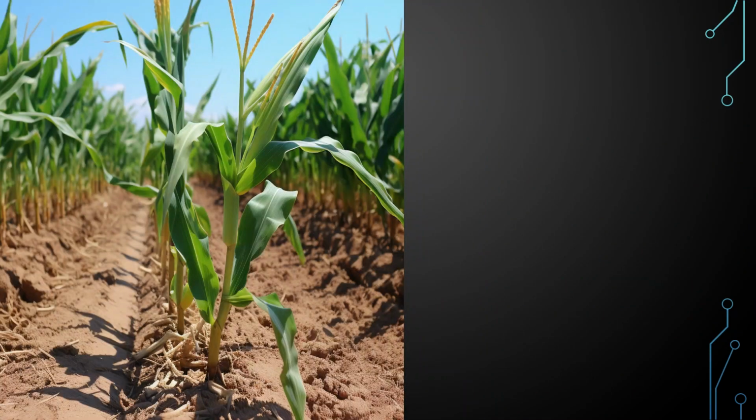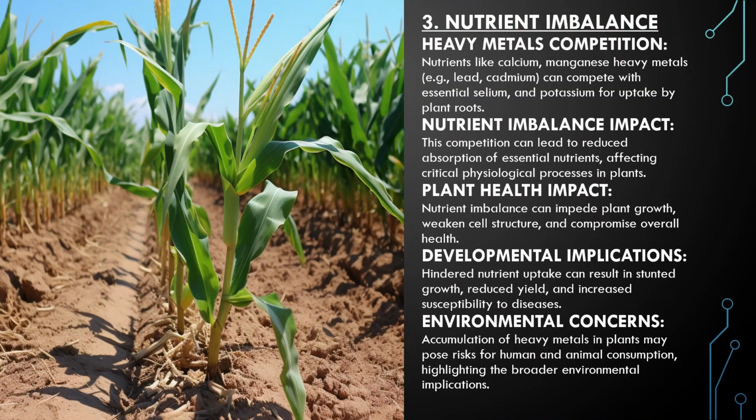3. Nutrient imbalance. Heavy metals competition. Heavy metals, e.g., lead, cadmium, can compete with essential nutrients like calcium, magnesium, and potassium for uptake by plant roots. Nutrient imbalance impact. This competition can lead to reduced absorption of essential nutrients, affecting critical physiological processes in plants.